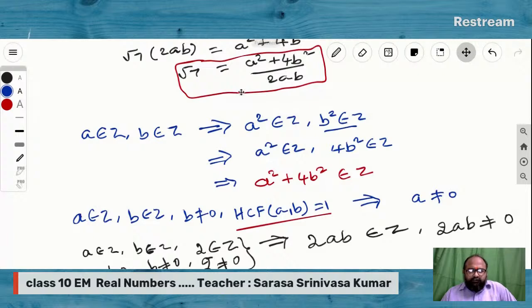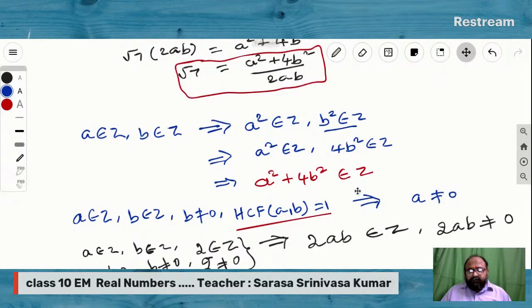If a and b are integers, then a square is also an integer, b square is also an integer. That is, we are applying the properties of integers. If a is an integer, b is an integer, then a square is an integer, b square is an integer.